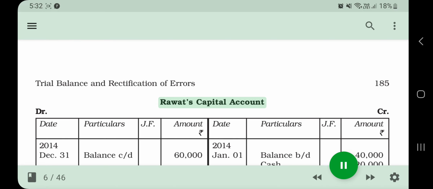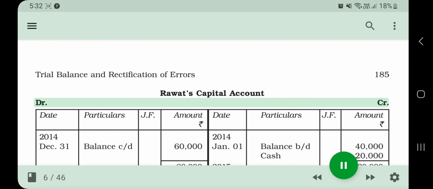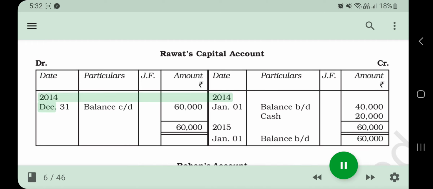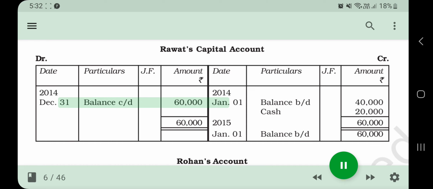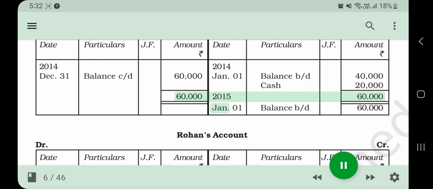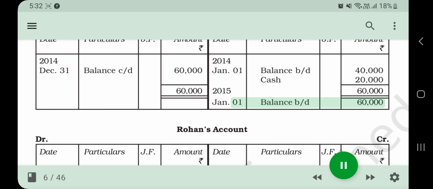Rawat's capital account. Date, particulars, JF, amount. 2014 Dec. 31 balance c/d 60,000; Jan. 01 balance b/d 40,000; Cash 20,000; total 60,000. 2015 Jan. 01 balance b/d 60,000.